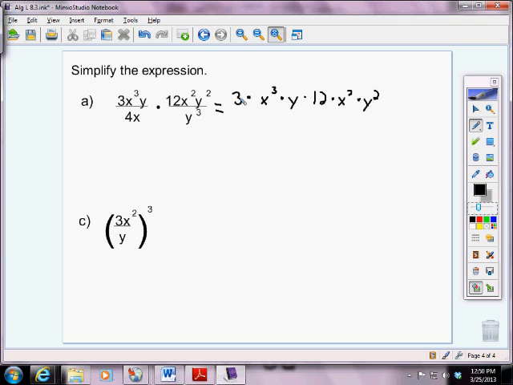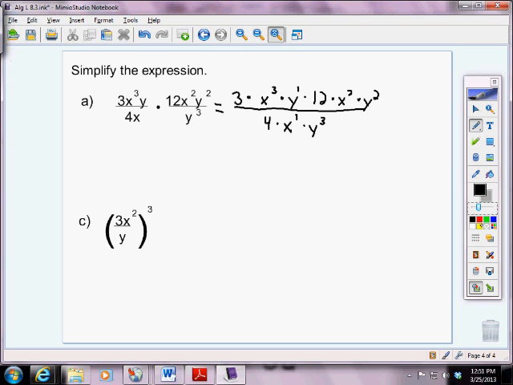The reason I like multiplying it out like that is that a lot of times we like to give the exponent 3 to the whole number, and that's not true. The 3 belongs with the x, not with the 3. If I did the same thing on the bottom, I'd have 4 times x, and I'm going to write it to the first, I'll put a 1 here with the y, times y to the third.